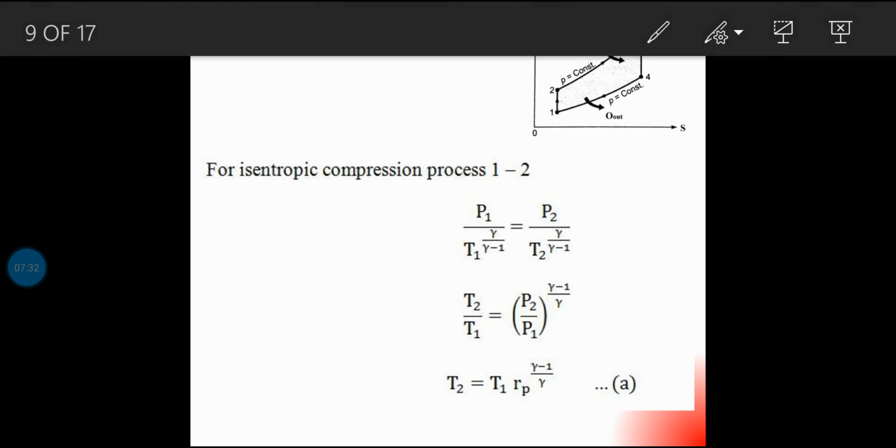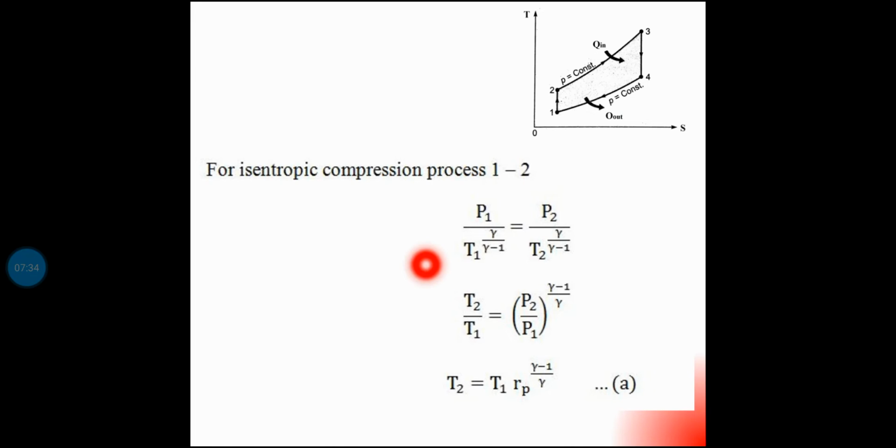From that we can write T2 by T1 is equal to P2 by P1 raised to gamma minus 1 by gamma, or T2 is equal to T1 into Rp raised to gamma minus 1 by gamma. Rp is pressure ratio, naming it as equation A.